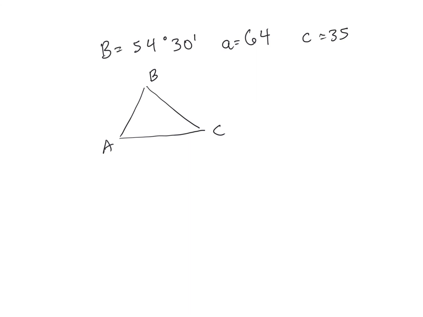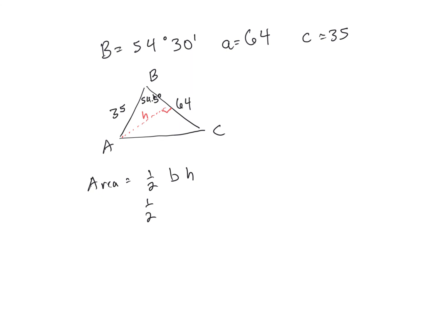54 degrees 30 minutes is the same thing as saying 54.5 degrees. If you put that into your calculator, A is 64, C is 35. So here we have an angle, and using that angle, if I draw an altitude like this, I can easily find this height right here. Isn't my area 1/2 base times height? So it's 1/2.